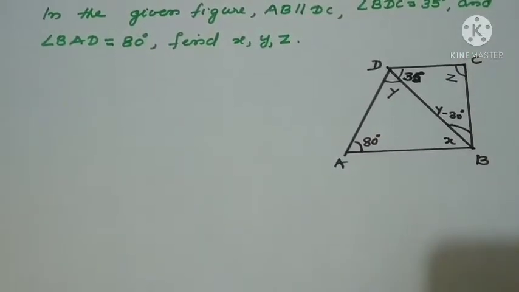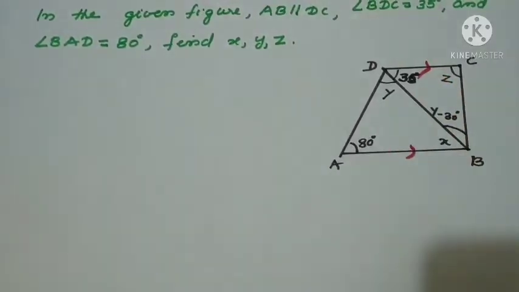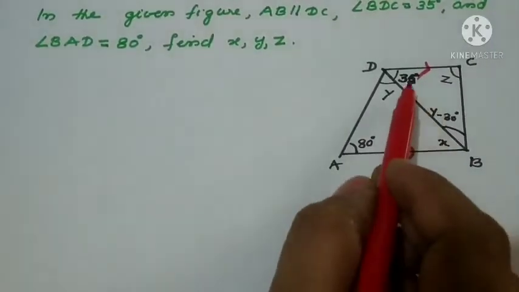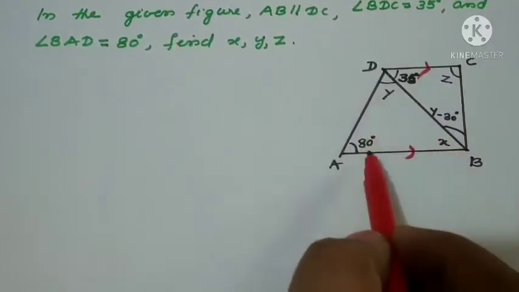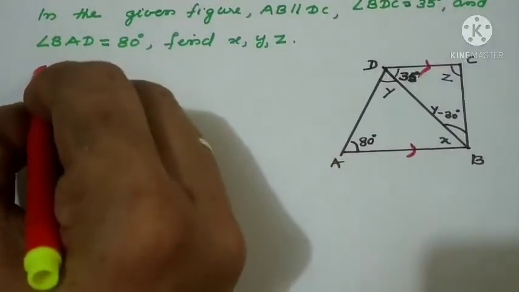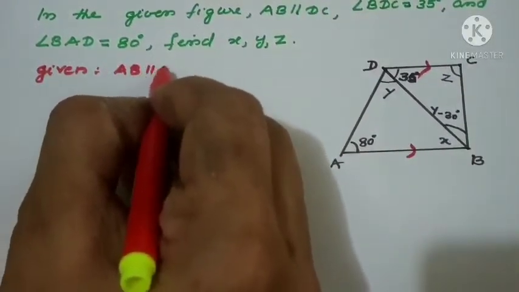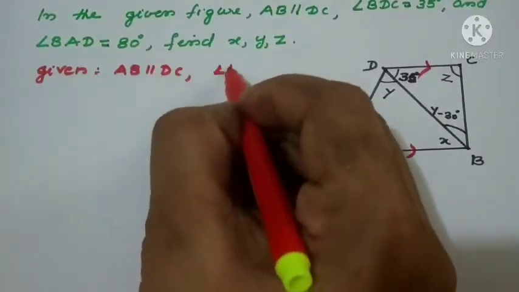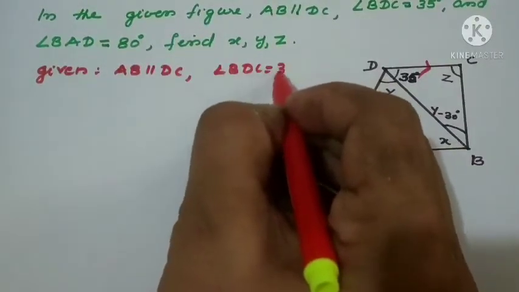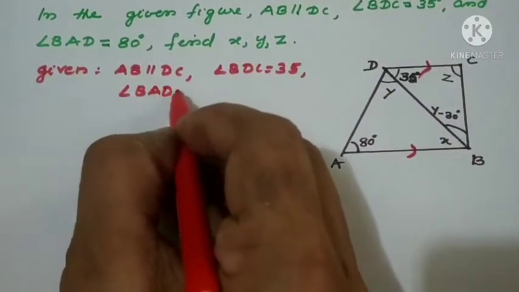In the given figure, AB is parallel to DC. What else is given? Angle BDC equals 35, BAD equals 80. Find XYZ is the question. Now we write the given: AB parallel to DC, angle BDC equals 35, angle BAD equals 80.